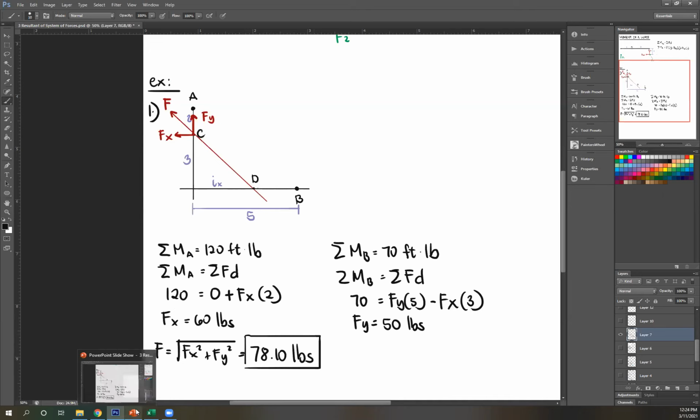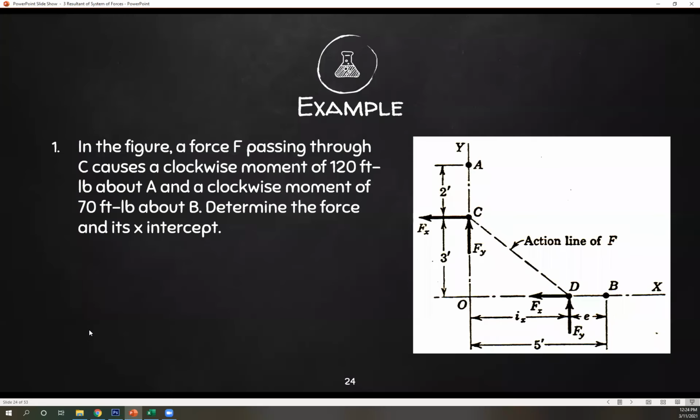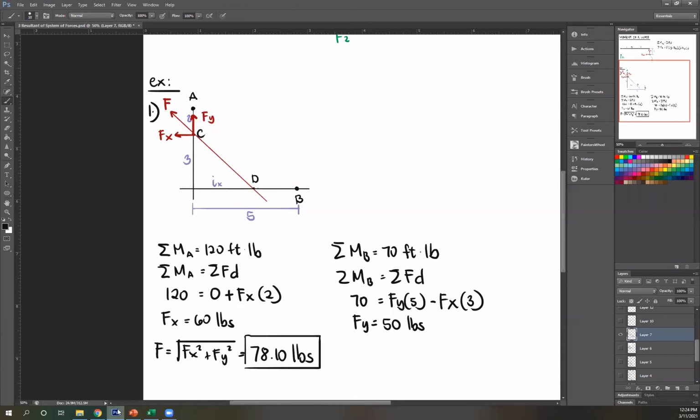Whenever you're looking for a resultant or a total force, there's usually something beside that, so it's the x-intercept. So we're looking for the x-intercept. What is that? The x-intercept is just the point where it crosses your x-axis. So once again, extending this, it's this point. We're looking for that point, and let's just call that point Ix, the distance from the center of the axis to here.